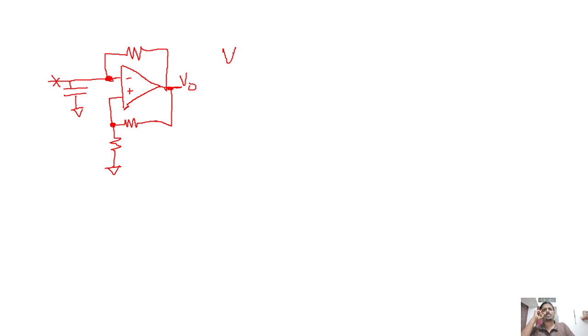V0 into 1 by SC, divided by 1 by SC plus R. So this is the feedback, V0 into 1 by SCR plus 1.